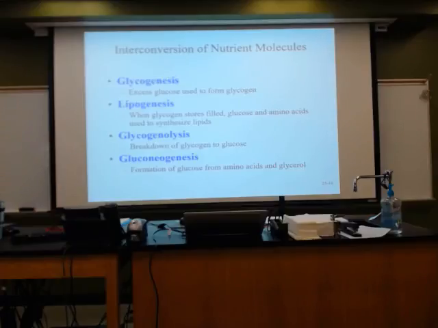So, when we look at what happens to these molecules, note our terms here. What do you note? What do you see? What comes to mind as you read through these terms?